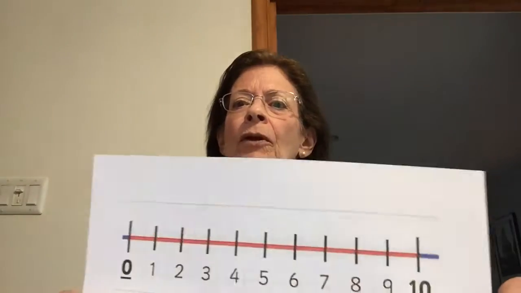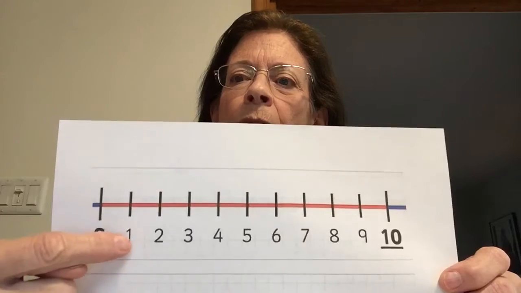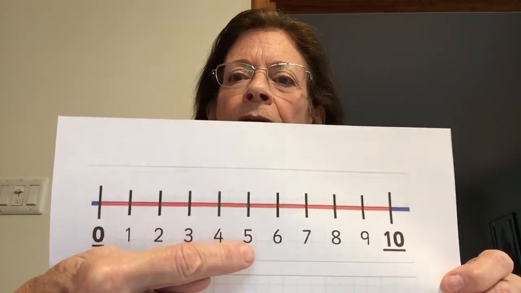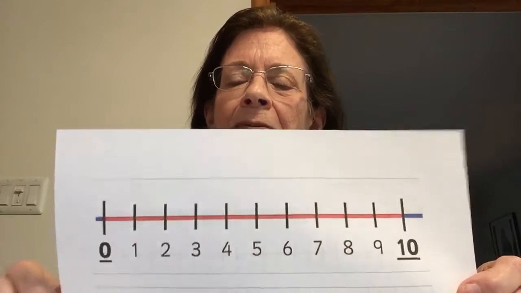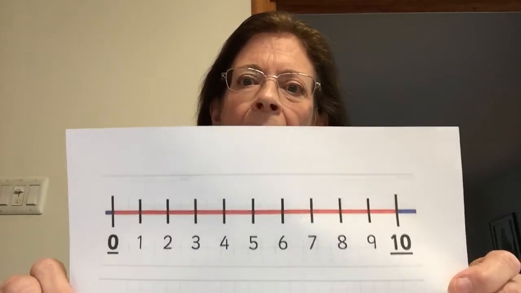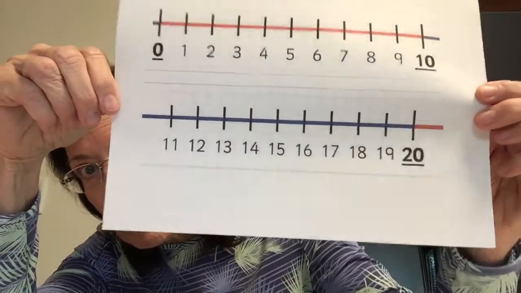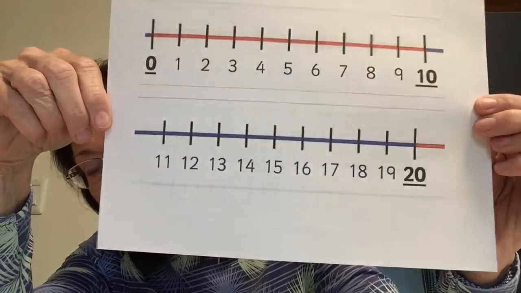Now this is something called a number line. It starts with the number 0, which means nothing, and it goes 1, 2, 3, 4, 5, 6, 7, 8, 9, 10. Now, Christopher, I know that you can count to 10, but let's see if you can count beyond 10 going up to 20.